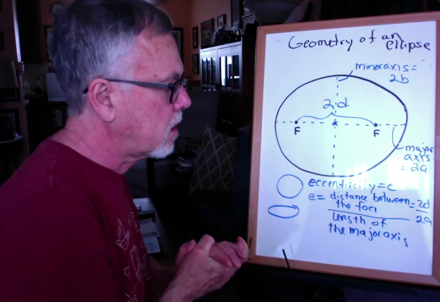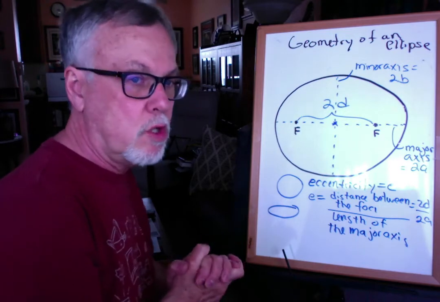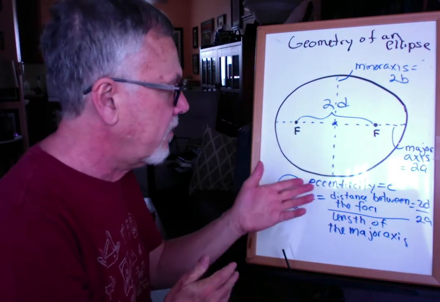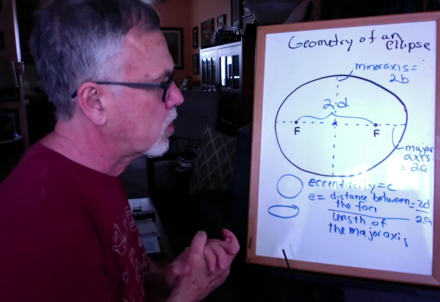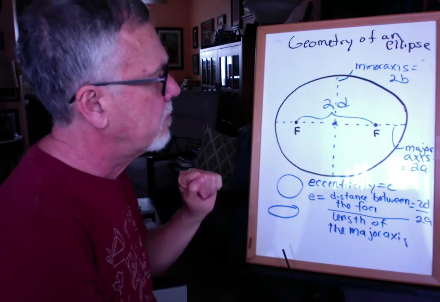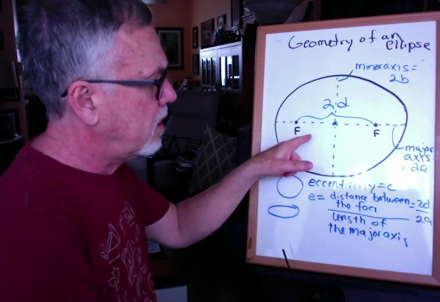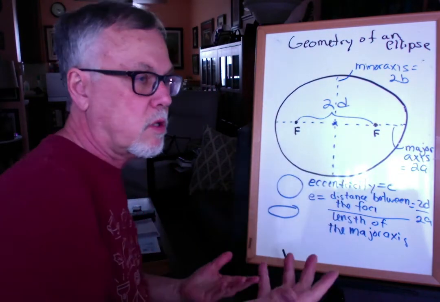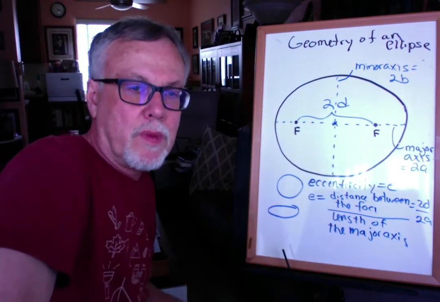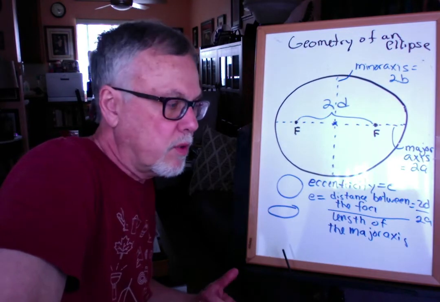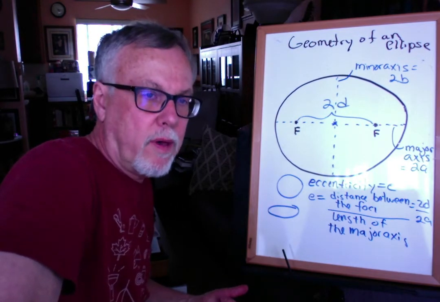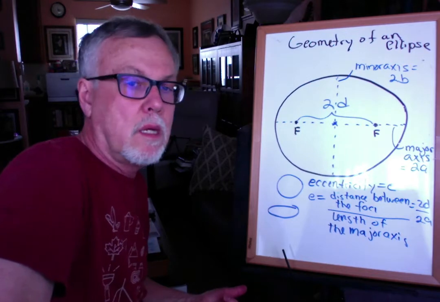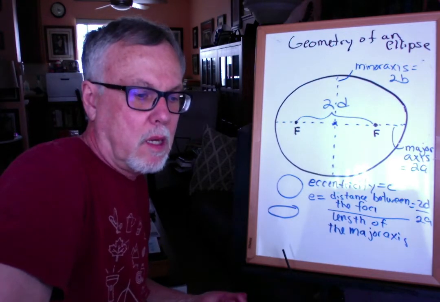And so this thing called eccentricity is unitless, and it gives us some idea of how it's been squished. For this, it's a small distance divided by a big distance, so 2 divided by 5. Notice that it's less than 1. So the eccentricity of an ellipse is less than 1.